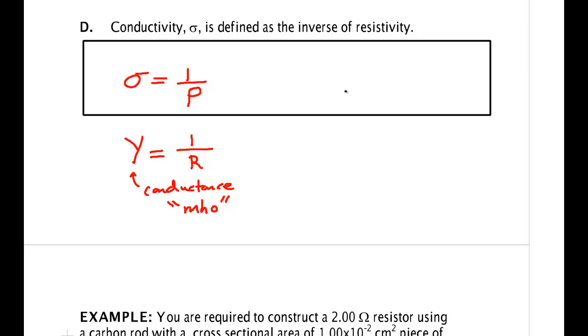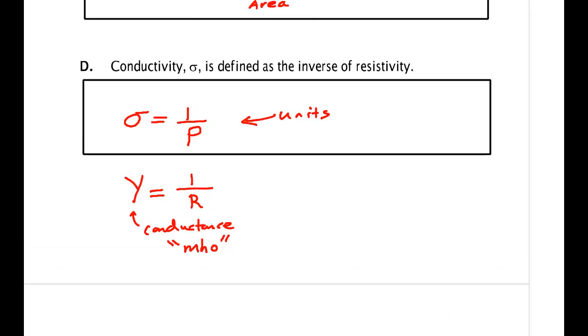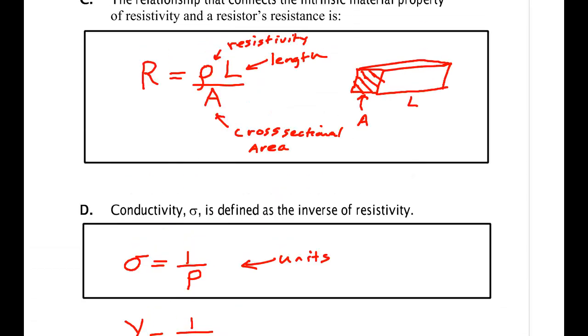The conductivity has units which come from the resistivity units, which I guess I should tell you back up here. The resistivity units, if you look at this thing, has ohms. This has a length, meters, but it's divided by a meter squared, so this thing has to have an ohm meter.